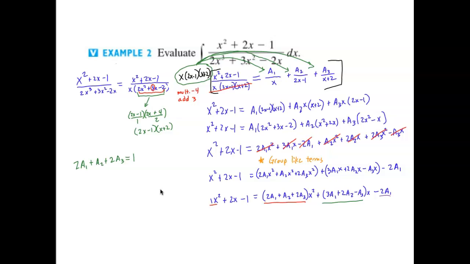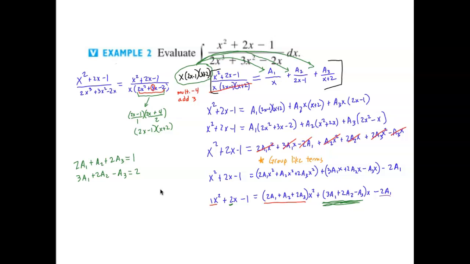Same has to be true with the x terms. My x coefficient on the right has to equal my x coefficient on the left. So that gives me another equation, which is 3A1 plus 2A2 minus A3 has to equal the x coefficient on the left-hand side, which is 2.